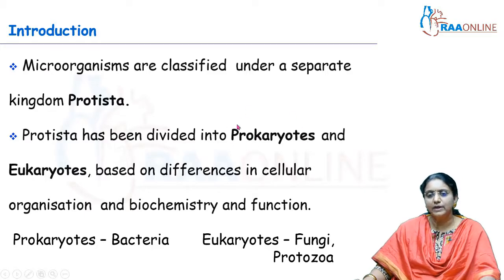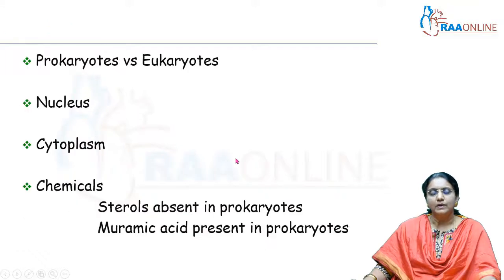So these prokaryotes are usually primitive microorganisms, and eukaryotes, eu means good or true, are more advanced microorganisms. A few examples of the prokaryotes are bacteria and blue-green algae, and examples of eukaryotes are fungi and protozoa.